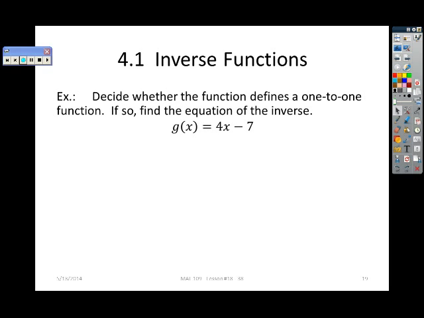What about this one? Is this one a one-to-one function? What shape is this equation? If I drew that graph, what would it look like?